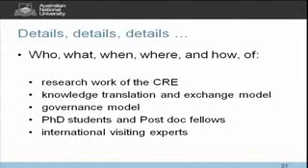Who is going to be responsible for that? How is that going to occur? At what stages of my 4-year program will knowledge translation and exchange occur? The governance model, who's going to be involved? Why? How? Your PhD students and your postdoc fellows, how will they be involved? Who's going to supervise them? Where will they be located?